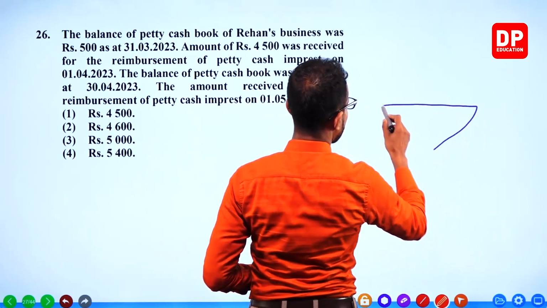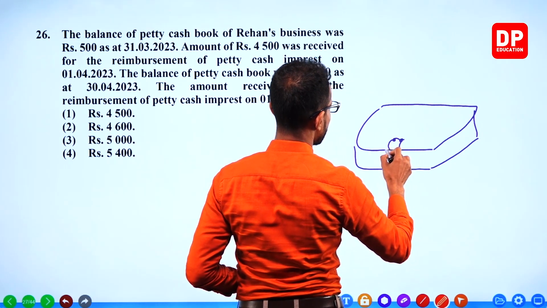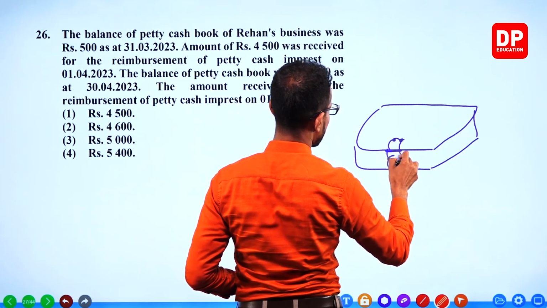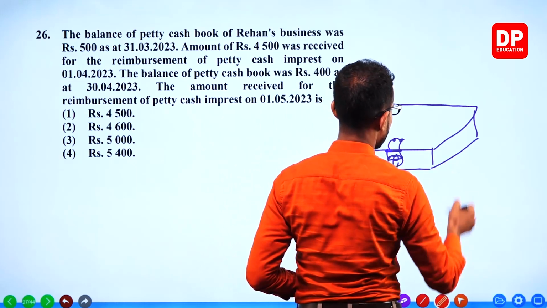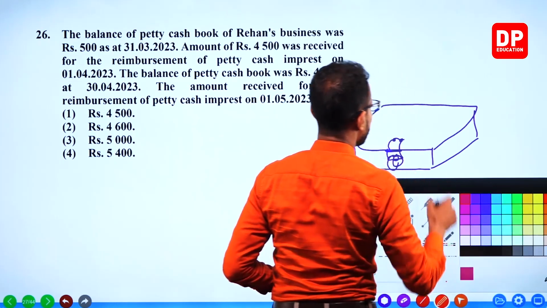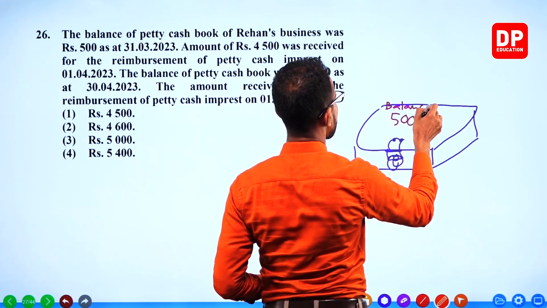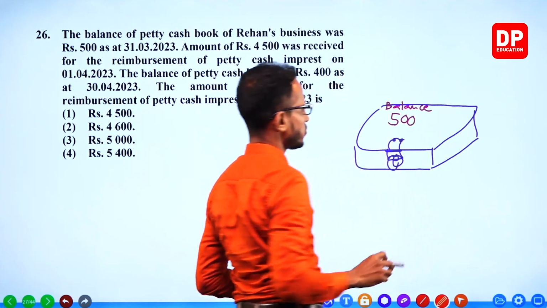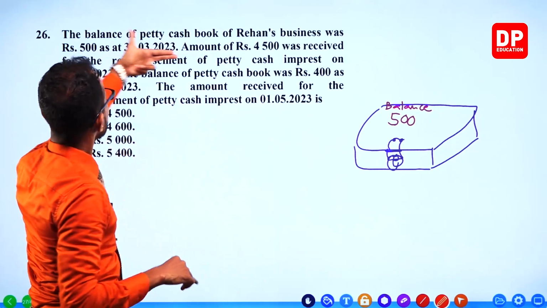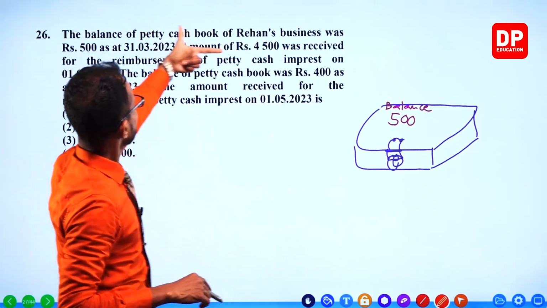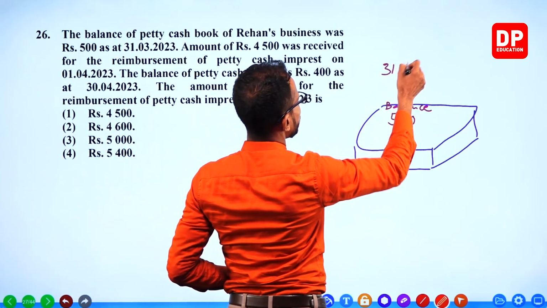If this is the petty cash box, I always draw this so students can understand very easily. Inside this, 500 is remaining, the balance. Balance petty cash book 500 on the 31st, the end of the month.